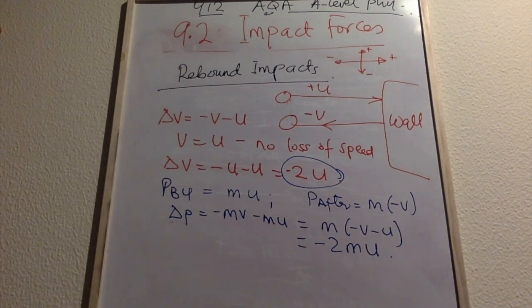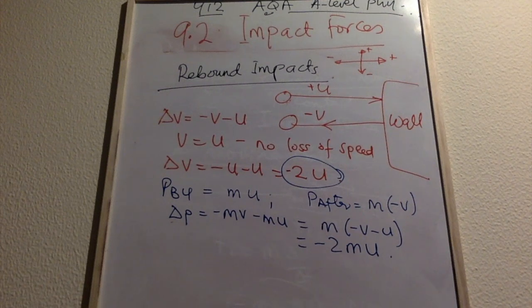So in a rebound impact scenario, the change in momentum is mass times twice the initial velocity, in a negative direction.